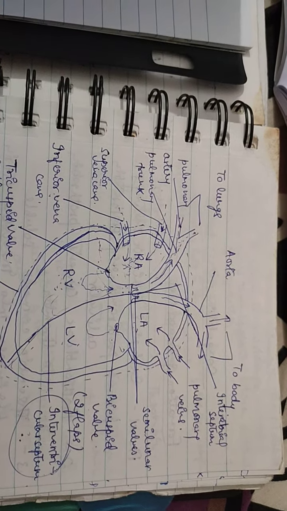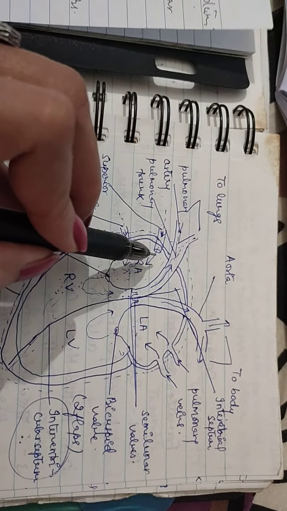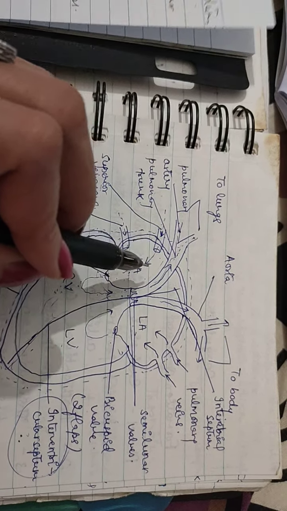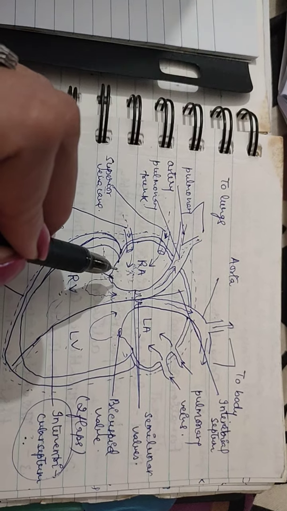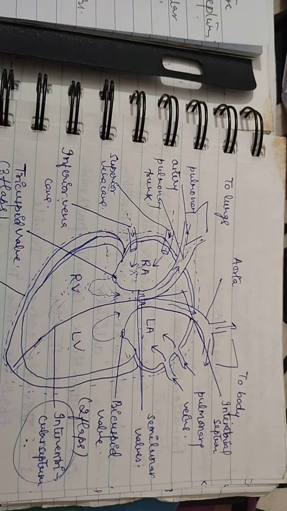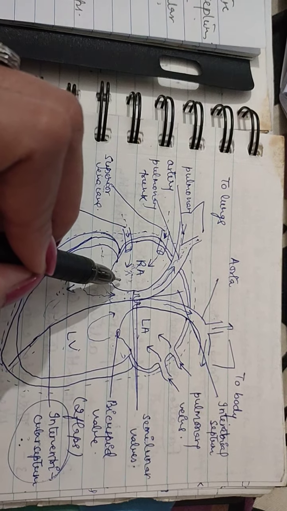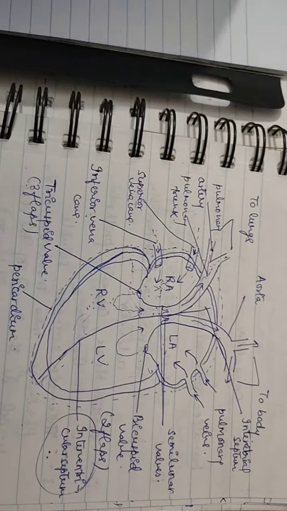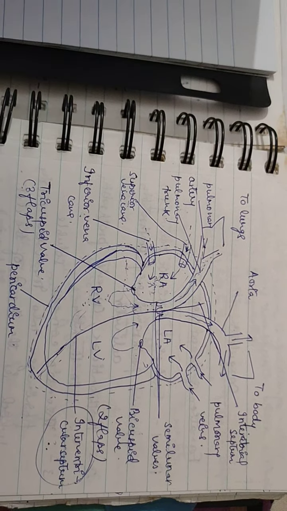Somewhat you can know the function: these produce action potential, and the heart pumps due to this action potential created by the SA node and AV node. The SA node is also called the pacemaker, and the AV node is also known as the pace setter. There are so many things which you will study in class 11th.